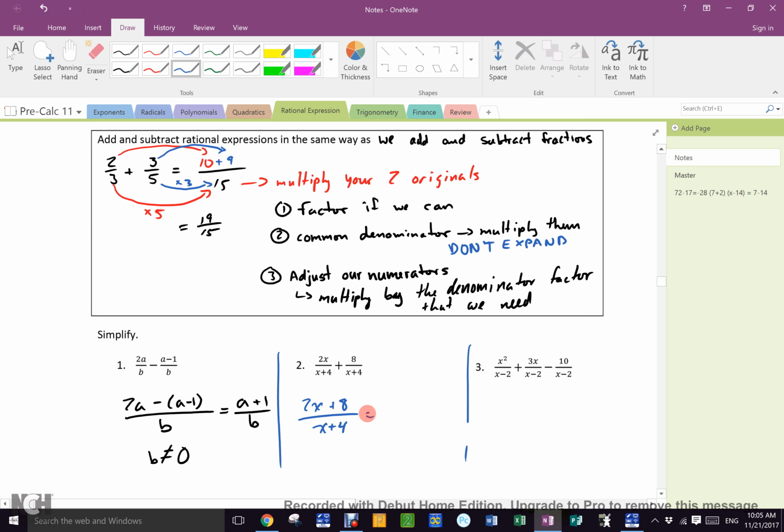Does any of that factor? 2x plus 4 over x plus 4, yes? Now what? So what's my final simplified answer? 2. Is there anything x cannot be? -4. Is everybody good with number 2?